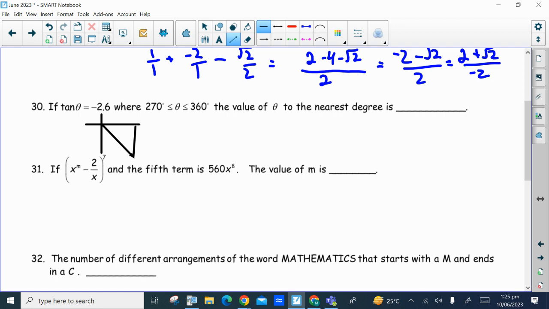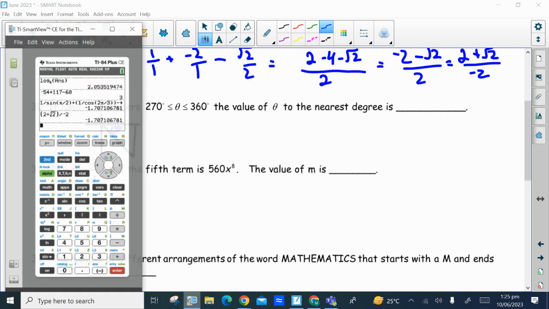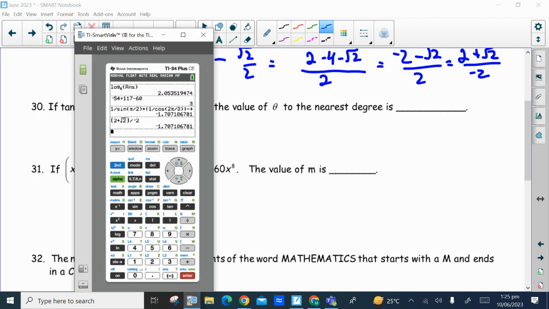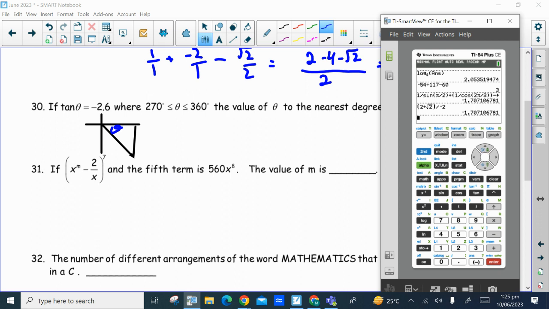To find the reference angle theta, in this case, we need to be in degrees and go second function tan of positive 2.6. Again, the negative sign has done its job. It helps us determine which quadrant we're in, even though we're told that we're in the 4th quadrant. So, in degree mode, second function tan of 2.6.